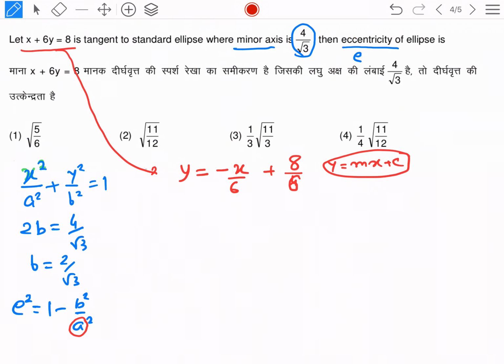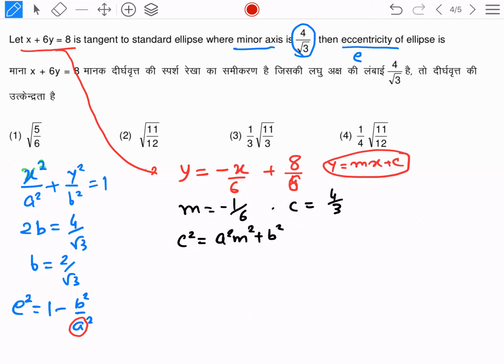So definitely here, what is m? We can see here m is equal to minus 1 by 6, and c is equal to 8 by 6, which is 4 by 3, and the relation is c square is equal to a square m square plus b square.